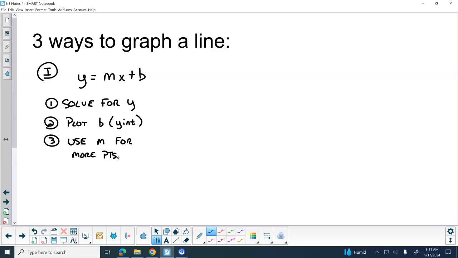But sometimes, yes, sometimes it doesn't give us a nice b. So then you gotta come up with a different method. T-chart. Yep, exactly. You can always graph using a T-chart.